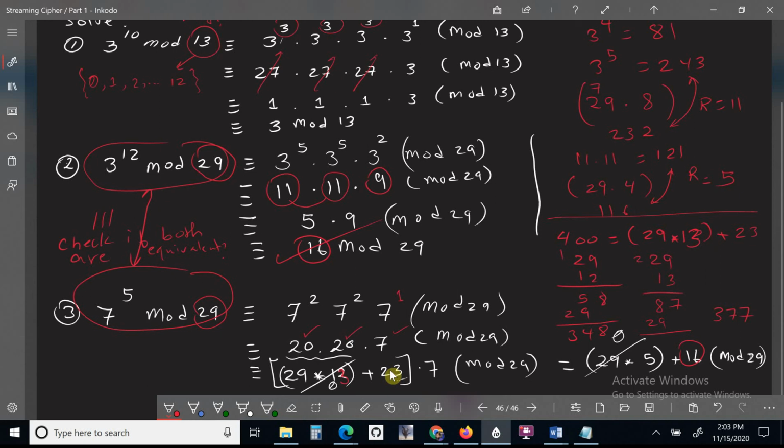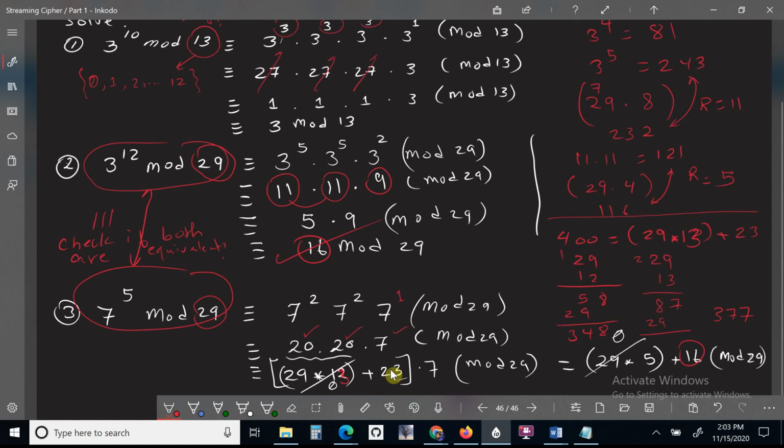So 29 times any number, of course, is going to go back to 0 because the remainder here is 0, and 23 is left. So then what we end up with is 23 times 27, and 23 times 27 mod 29.